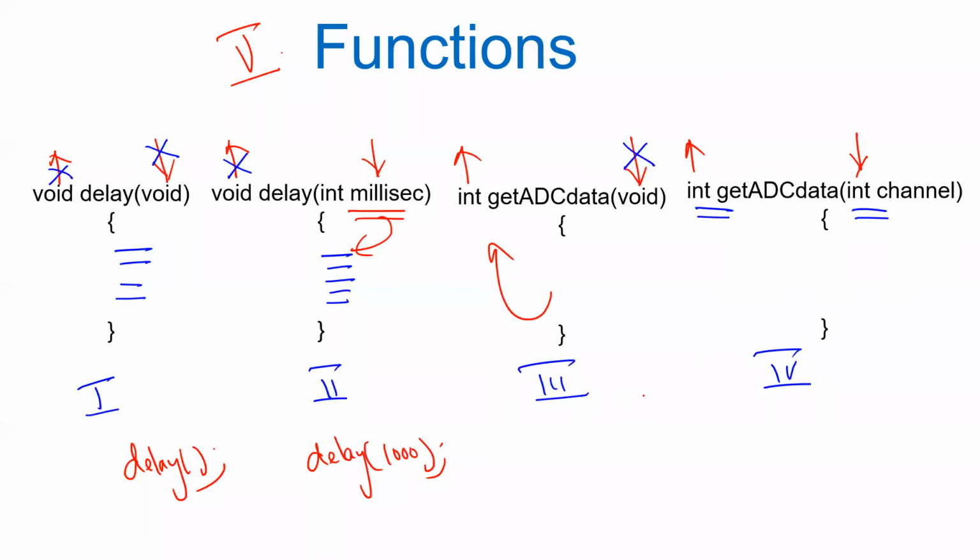In the third variant, get ADC data, it is not accepting a parameter, but it is returning a value. Whenever a function is returning a value, it is mandatory that you assign that value to a variable. So I'm using a variable called my data and assigning the value returned by the function to it, so that the value is received and stored here.